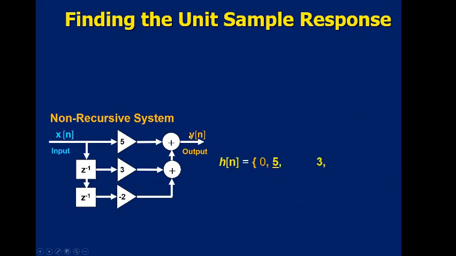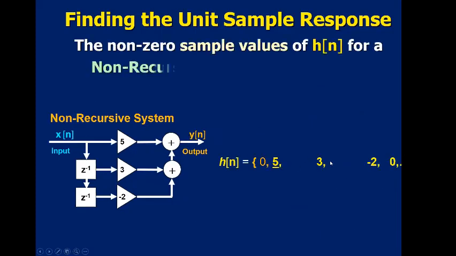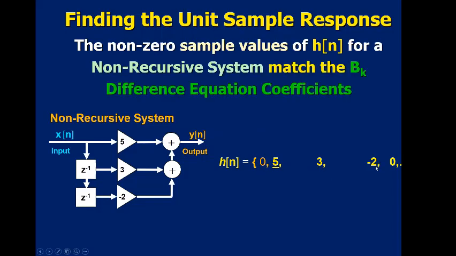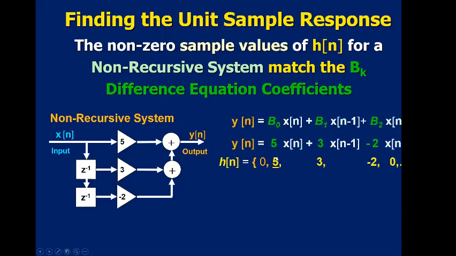Now, you probably also notice something else interesting. The actual values of the unit sample sequence that came out, 5, 3, minus 2, exactly matched the coefficients in the difference equation, the B coefficients. We got out B0, B1, B2, because we had that traveling 1 going through the recursion table.